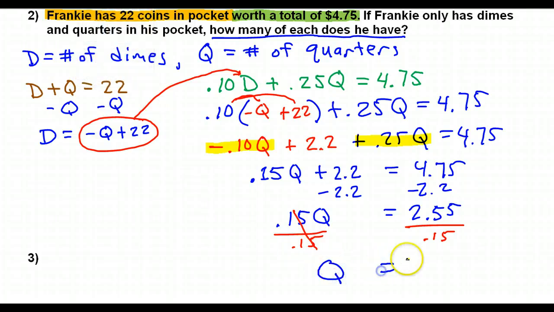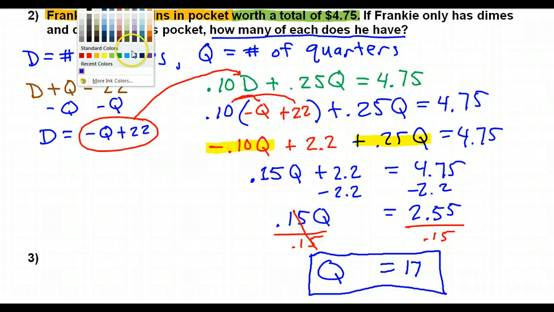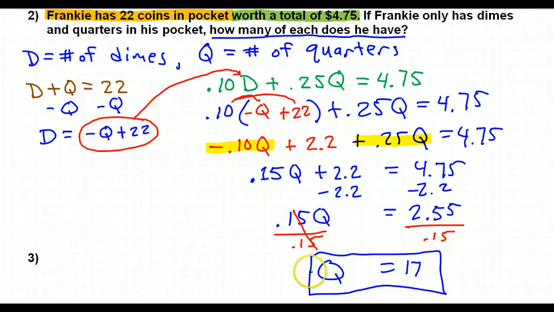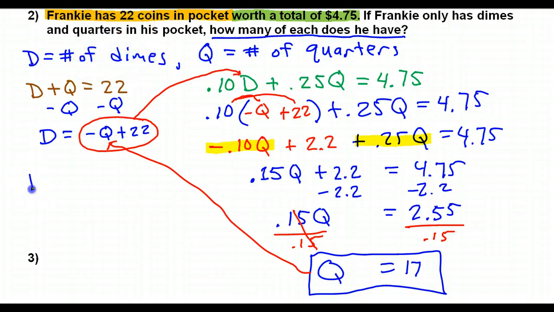So Q is equal to 17. All right, that's the number of quarters. Of course, if I want to know the number of dimes, then I will have to take Q and plug it in. So that's going to give me the number of dimes is equal to negative 17 plus 22. So that's going to be 5.